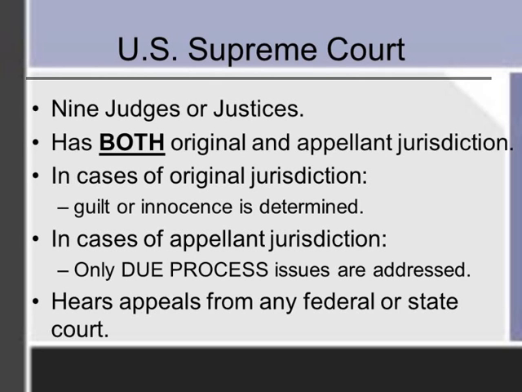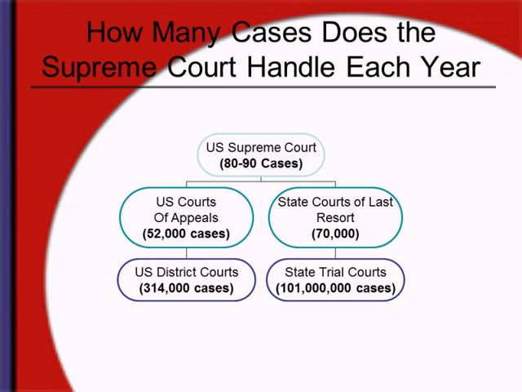If the Supreme Court is hearing a case of original jurisdiction, then the Supreme Court will determine guilt or innocence. But remember that the vast majority of the time that the Supreme Court is dealing with a case, they're dealing with appellate jurisdiction. Now, how many cases make it to the Supreme Court every year?